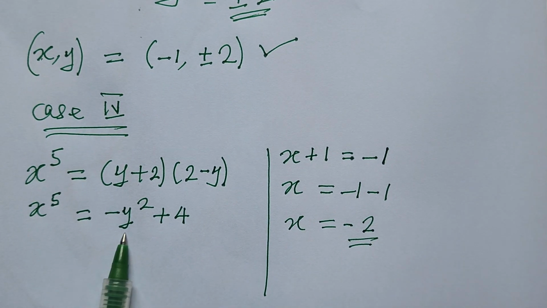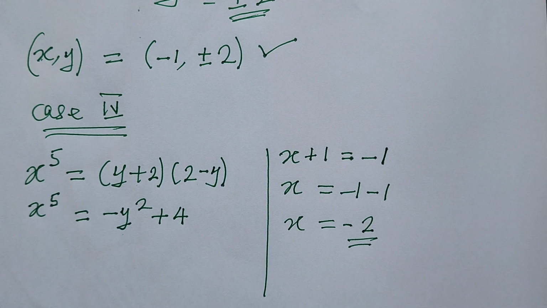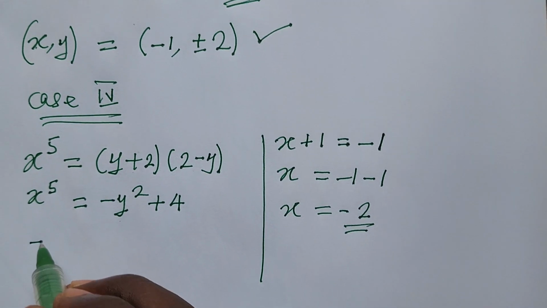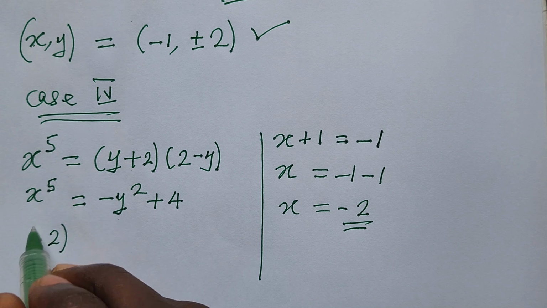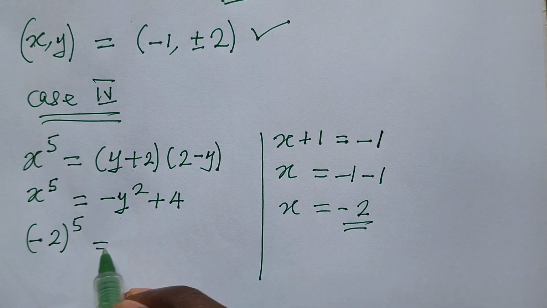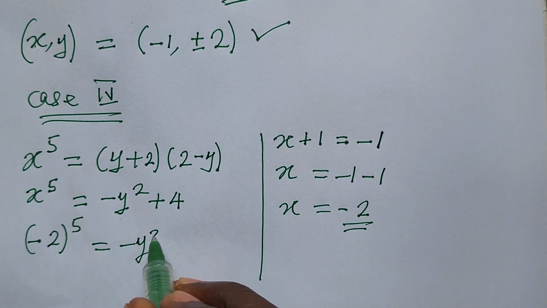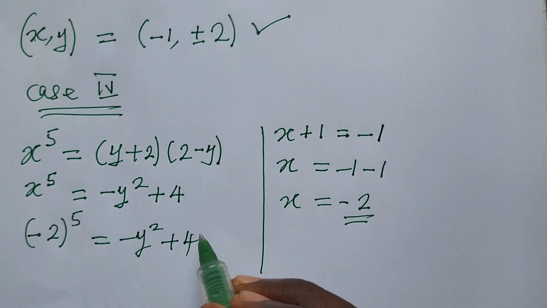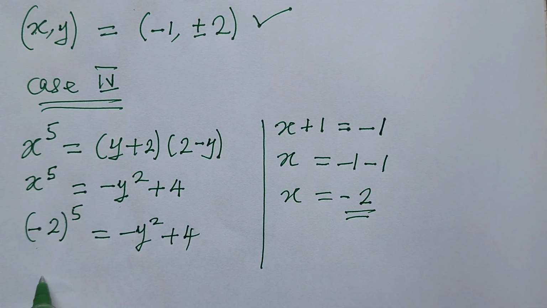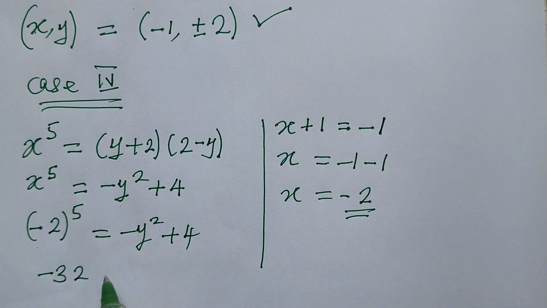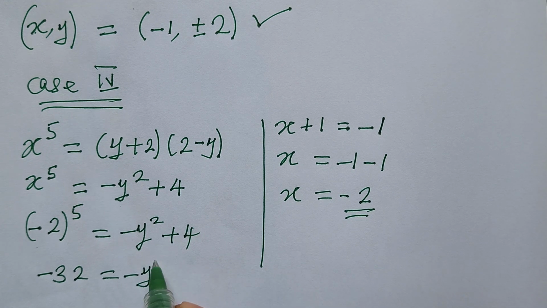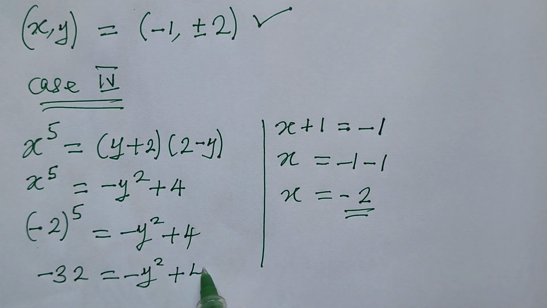So let's come back to this side and put in this value here. So I have minus 2 to the power of 5 is equal to minus y to the power of 2 plus 4. And this will give us minus 32 is equal to minus y to the power of 2 plus 4.